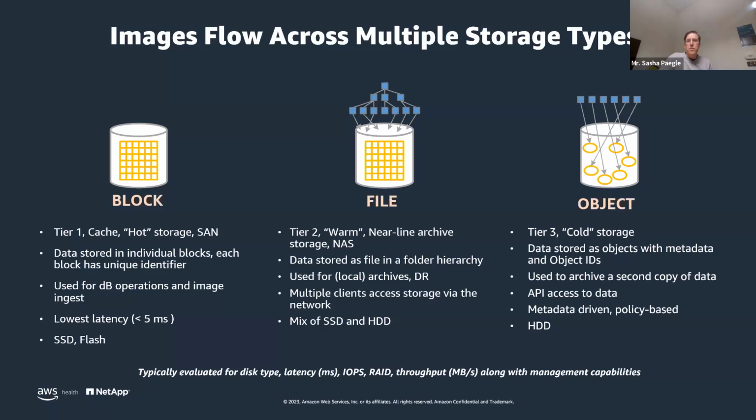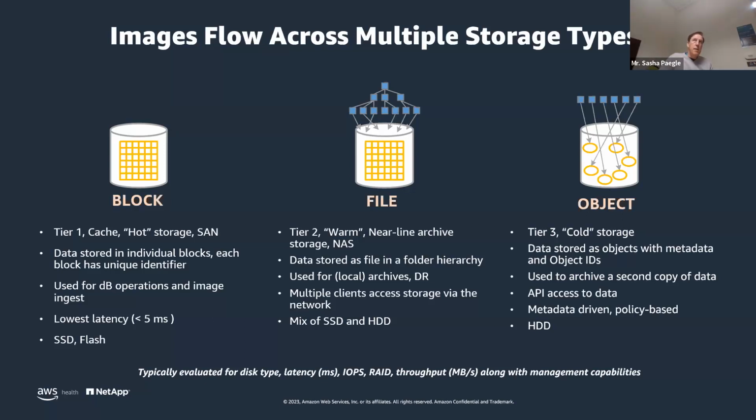Typically you see file used quite a bit in the on-premise world, but more and more you're beginning to see customers, healthcare providers adopt object storage, and object is a key technology that's used in the cloud. And the management of that data is a little bit different from file and block.